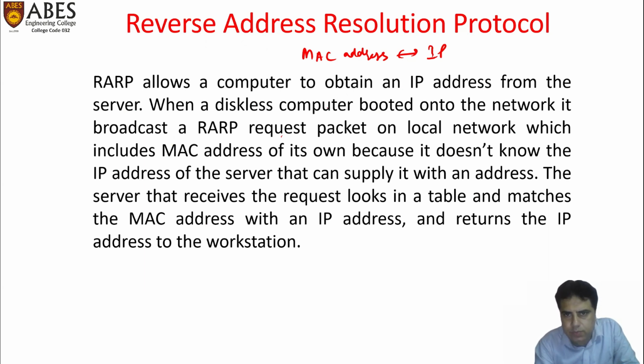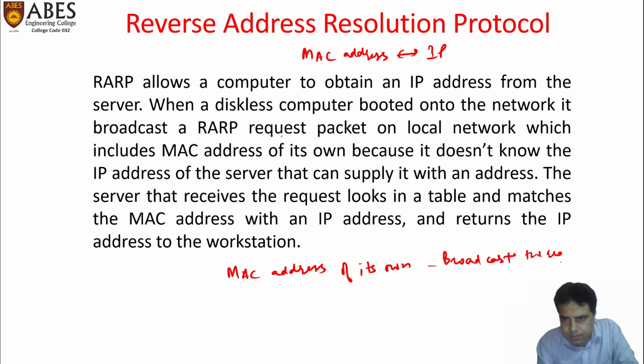When a diskless computer is booted onto the network for the first time, it broadcasts a RARP request packet onto the local network, which includes its own MAC address, because it knows its own physical address, but it does not know the IP address of the server. That's why it broadcasts the request to the local network.